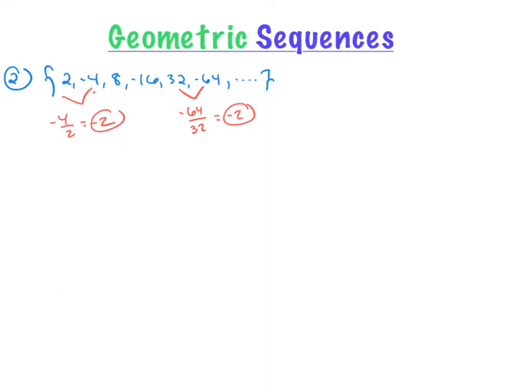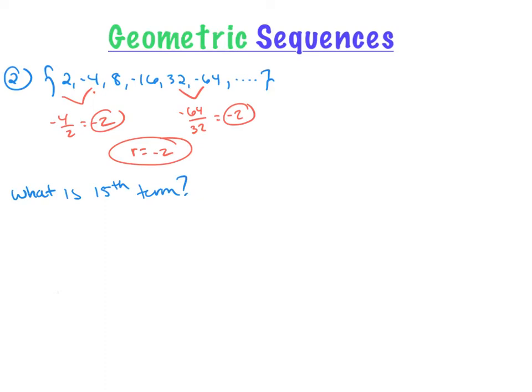So it's always the same number we multiply by, and the common ratio r is -2. Let's say that the question for this was, what is the 15th term of this sequence?